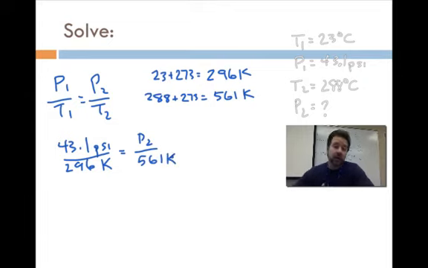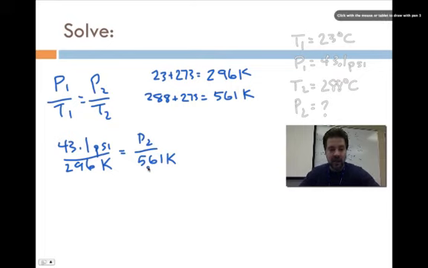Now we are at the spot where we have to isolate the variable we're interested in, and that happens to be P2. So we take our 561 and we want to get rid of it on the right-hand side of this equation. Algebraically speaking, we would multiply both sides by 561.